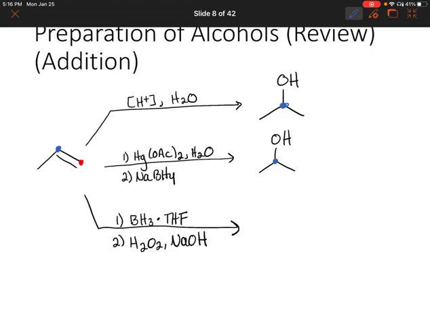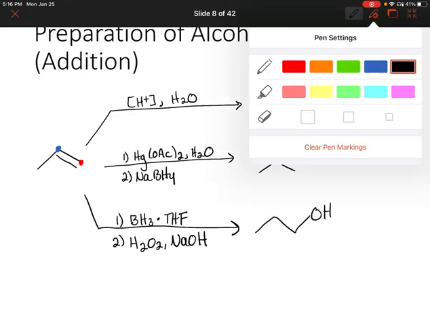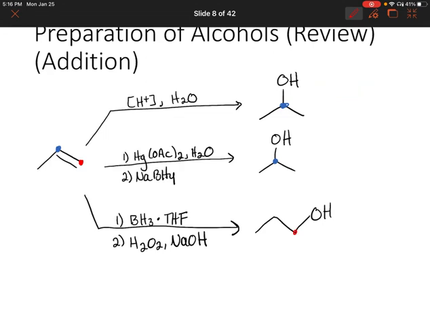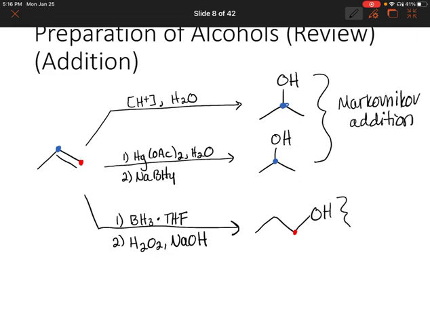Does the alcohol add to the more or less substituted carbon? The less substituted carbon. Okay, so the first two reactions give us a Markovnikov addition. And then the last reaction gives us anti-Markovnikov addition.